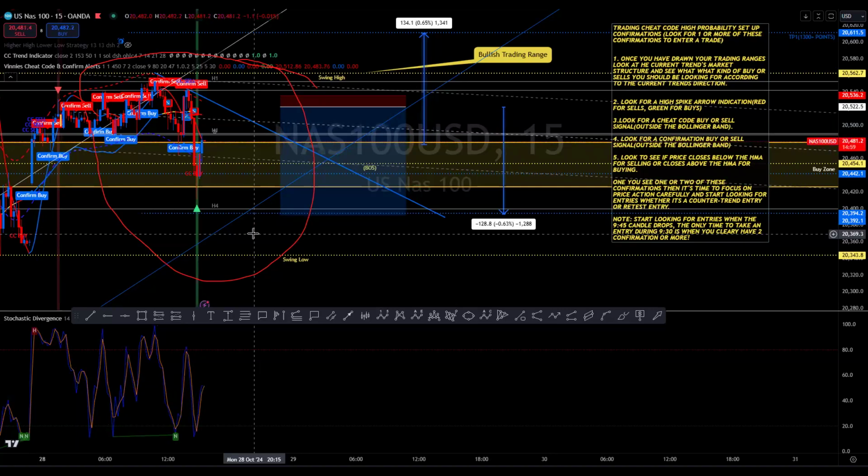All right, let's see what this next candle's going to be. Maybe we can get a signal. It looks like it's going to close above the HMO, but we've got to wait for a signal.